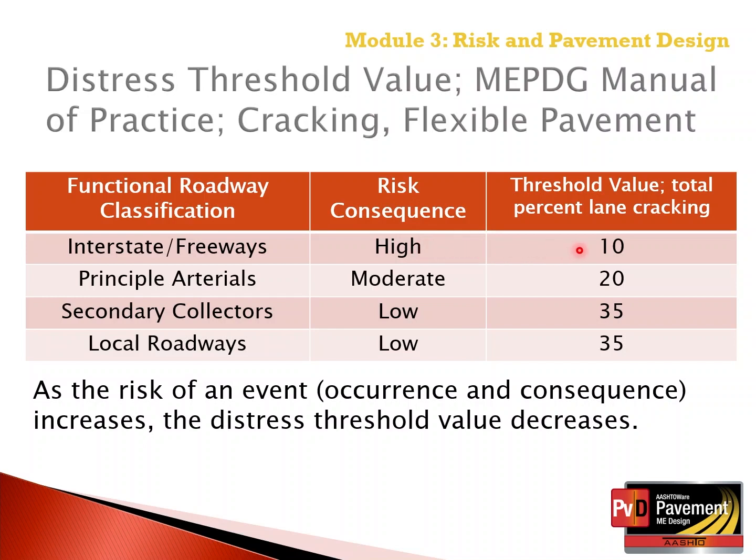So the distress threshold values are generally lower for the higher volume roadways, and that value then increases toward local roadways where the risk consequence is low, and so the threshold value is much higher. So as the risk of an event, the occurrence and consequence, increases, the distress threshold value typically decreases.